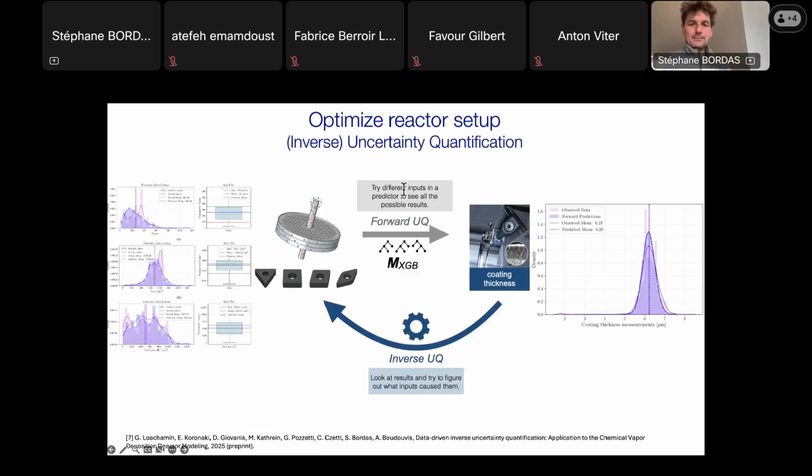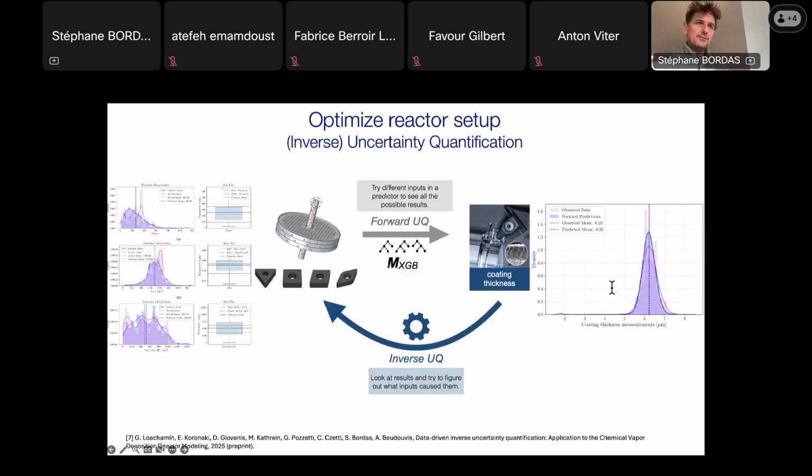And then the next step, which is much harder, is not to transfer the uncertainty forward. Forward means between the input and the output, which is the coating thickness. No, that is the forward uncertainty quantification that I just explained.